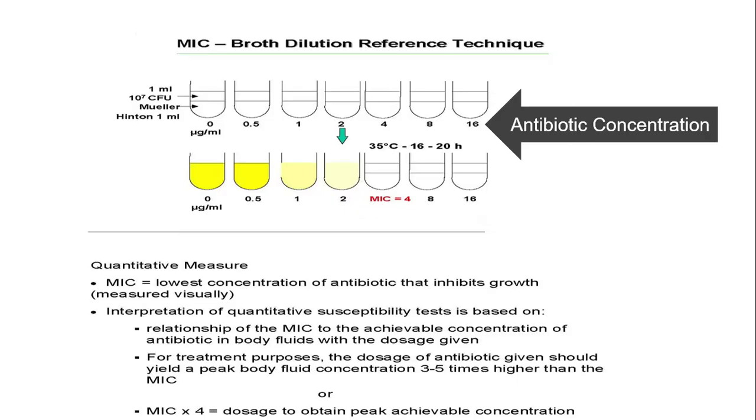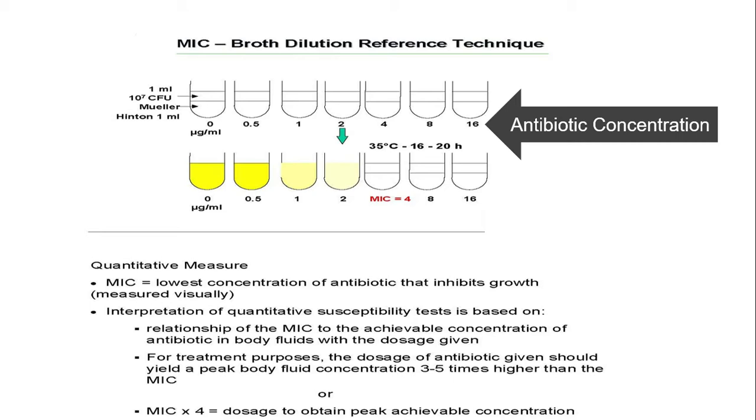Now this is the figure representing the broth microdilution reference technique for determination of MIC. These are the test tubes in which the antibiotics are given in concentrations of 0 microgram per ml, followed by 0.5 microgram per ml, 1 microgram per ml, 2, 4, 8, 16. These are the incremental concentrations of the antibiotic, and as we can see, in the 0 microgram per ml tube there are bacteria present.